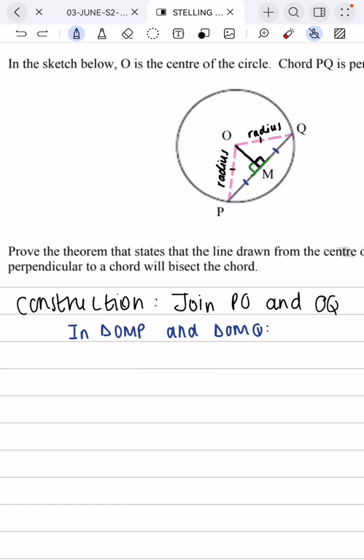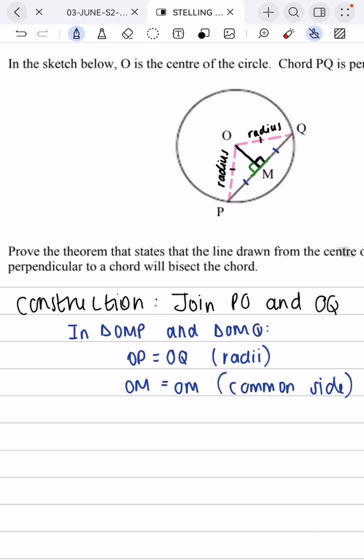Okay, so I'm going to start with the radiuses. It doesn't matter where you start. I'm going to say that OP is equal to OQ because they are both radiuses. Then I'm going to say that OM is equal to OM. Reason, it's a common side.